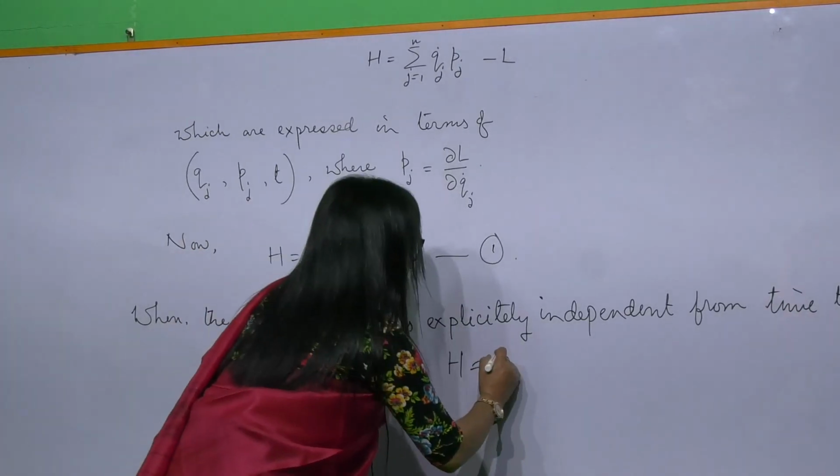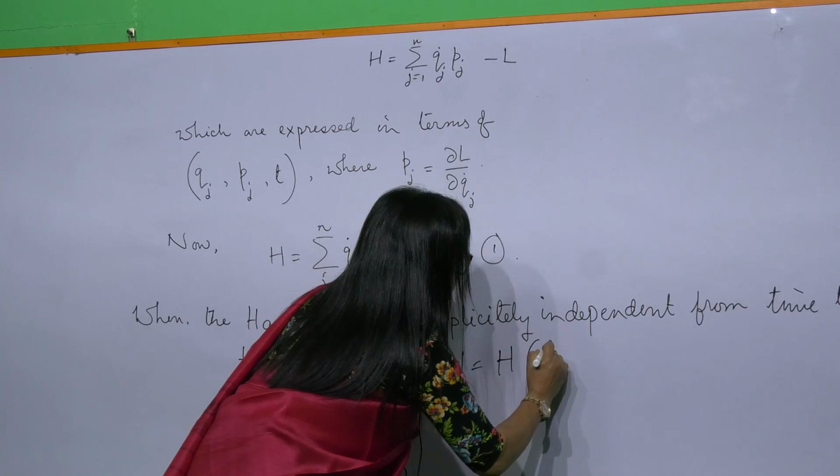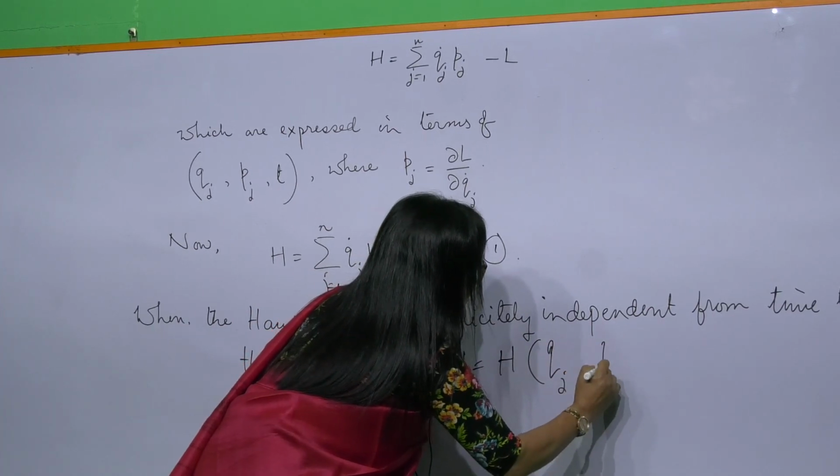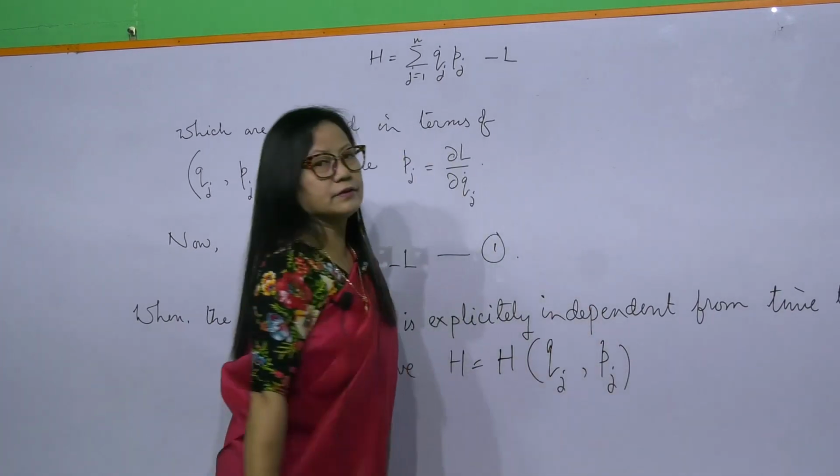So we write H is a function of qj and pj only.